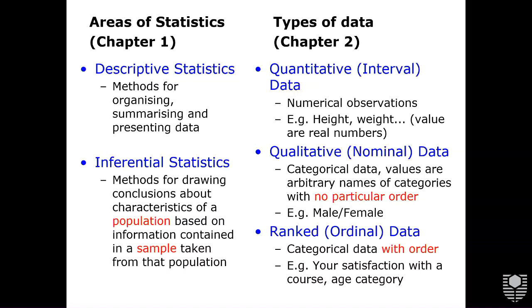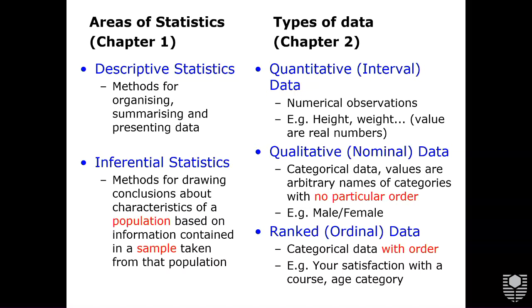The first one, quantitative. So we're going to study the central measurement of quantitative study and descriptive statistics. The last one, the ranked or ordinal data, we talk about the categorical data with order. You have to order it. How?